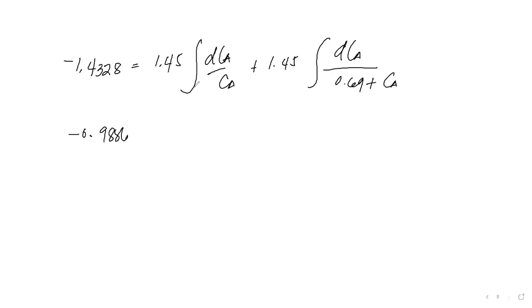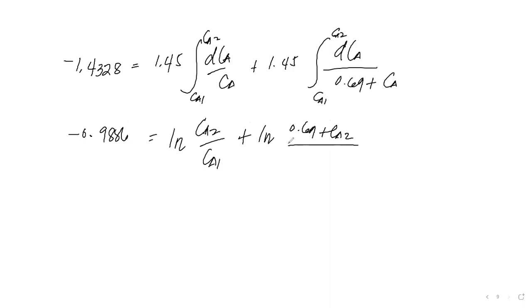And if we will process this integral, same thing here, this will be equal to the ln of Ca2 over Ca1. The other one will be the ln of 0.69 plus Ca2 over 0.69 plus Ca1. Okay.